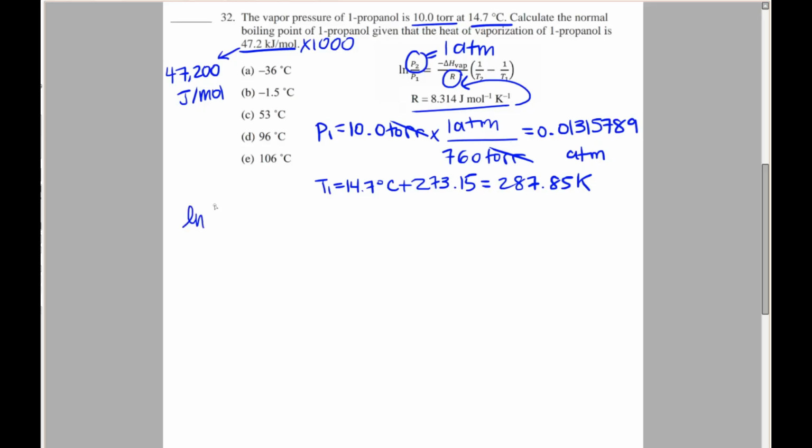So substituting in all of these values, we get ln of 1 atmosphere over 0.01315789 atmospheres.